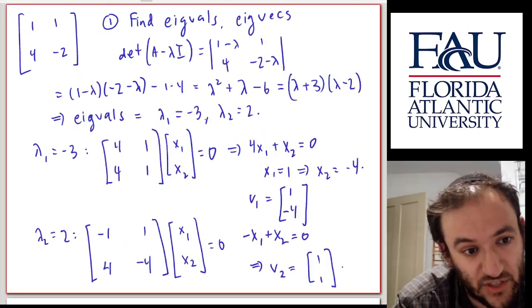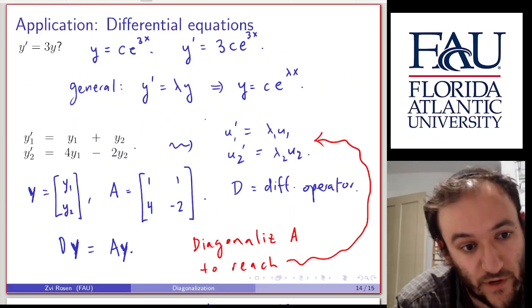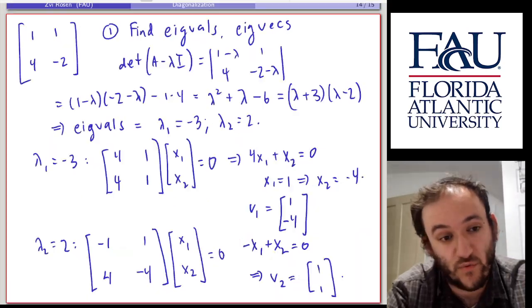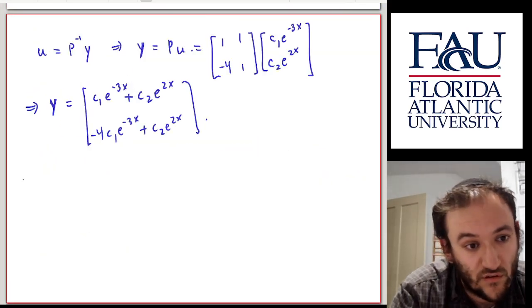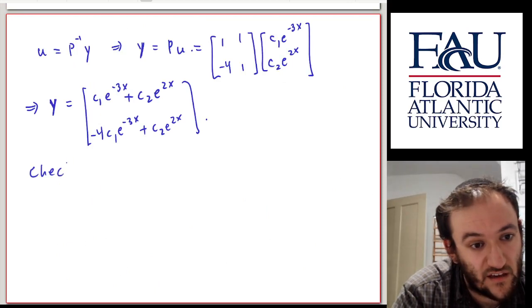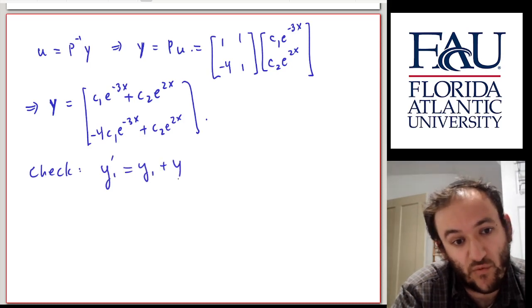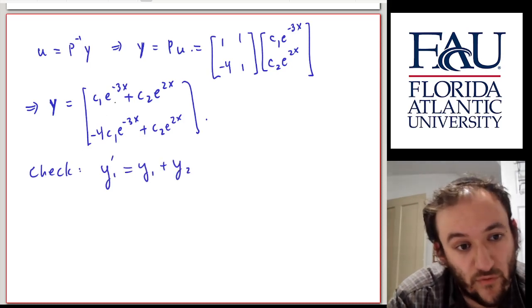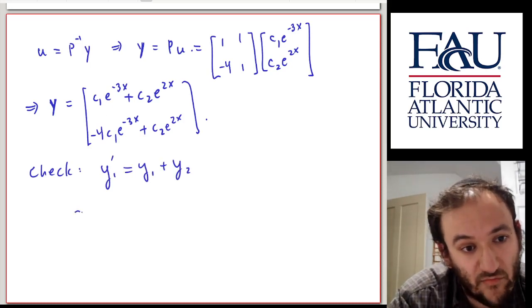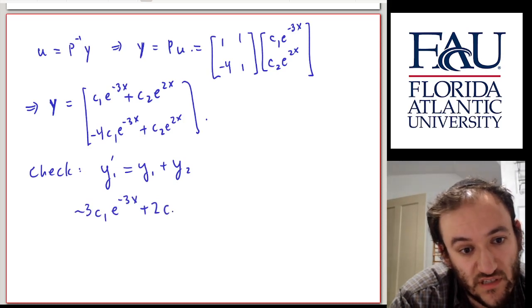And if you want to double check, we said, for instance, y1 prime equals y1 plus y2. Check. So what's the derivative of y1? Well, that's minus 3 c1 e to the minus 3x plus 2 c2 e to the 2x.